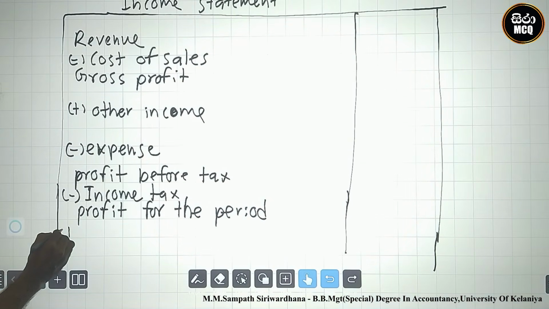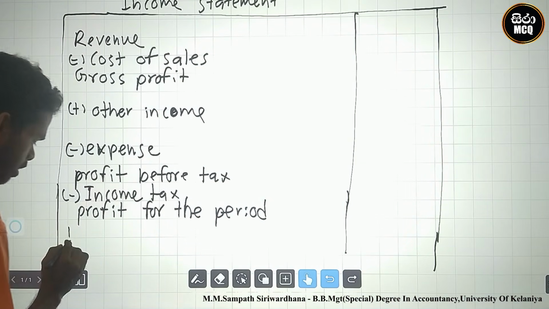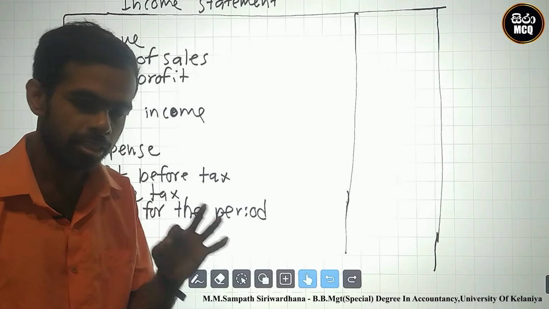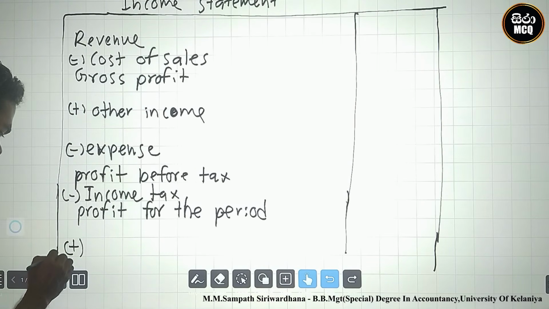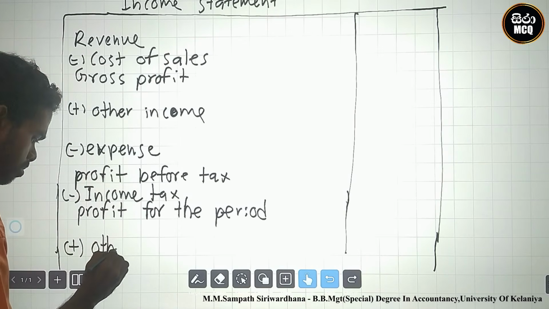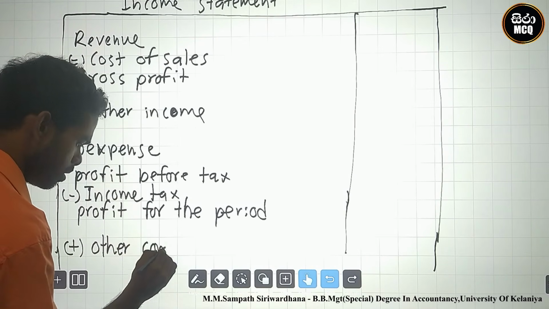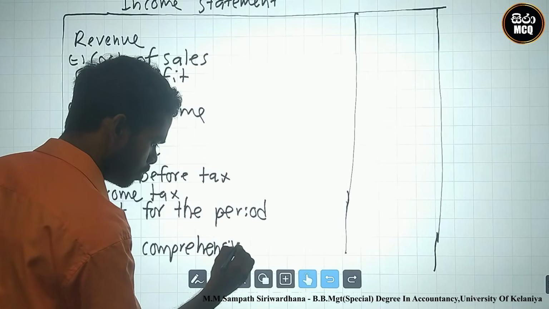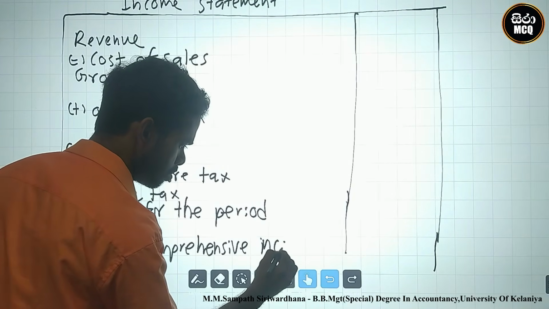After that, we add the major one, other comprehensive income. I write it: other comprehensive income.